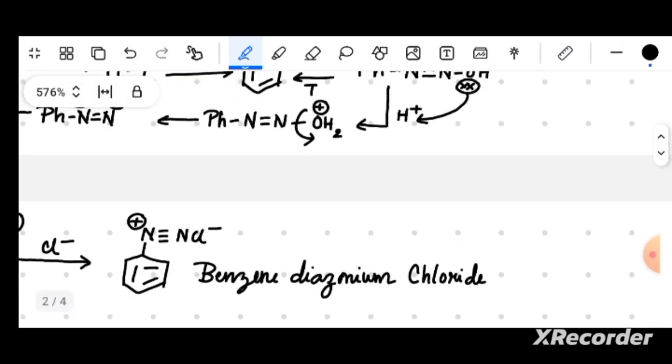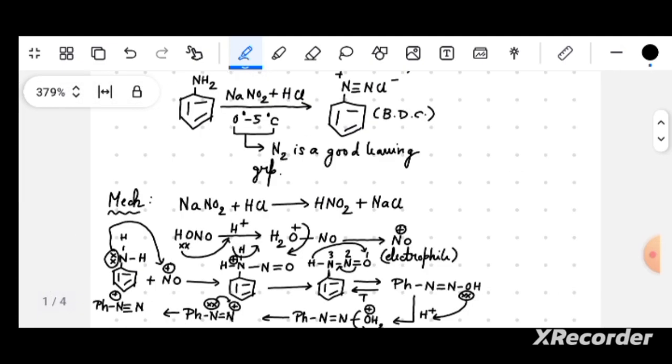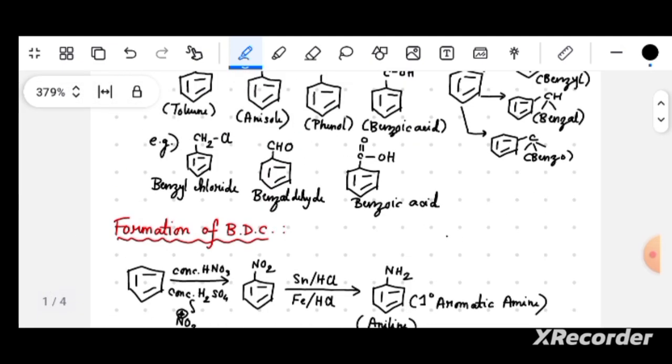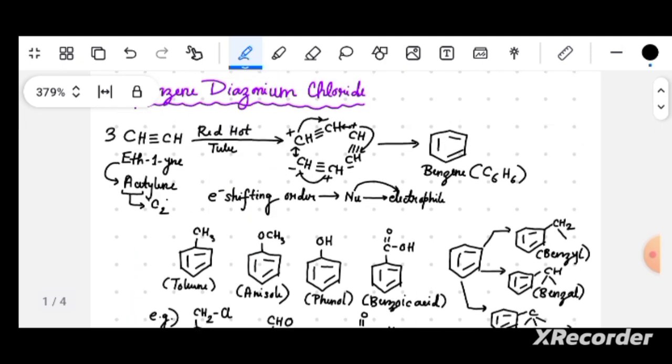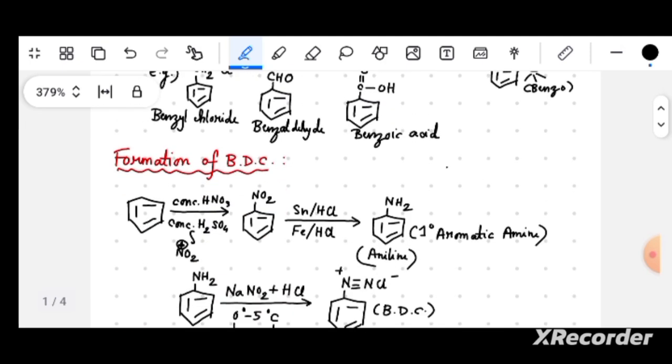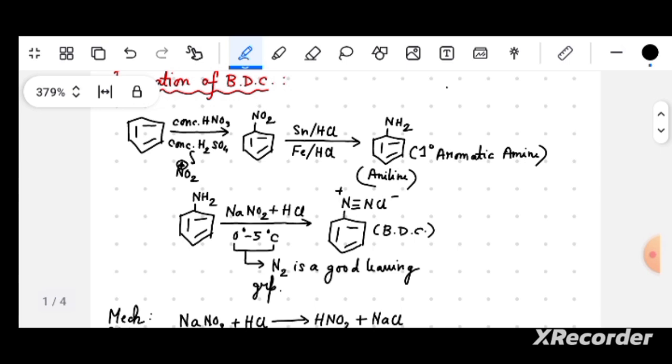So we have got our benzene diazonium chloride from aniline, and I've explained to you the formation of benzene using red hot tube, and obviously the formation of benzene diazonium chloride. Now this was the formation of benzene diazonium chloride, and I'll make another video explaining the reactions of benzene diazonium chloride.